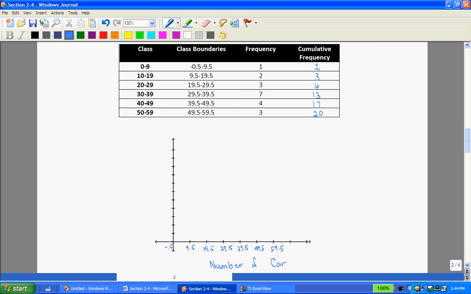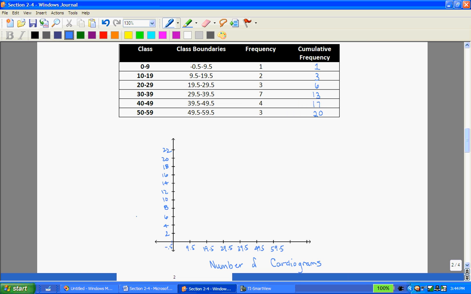Again, we want to label this as the number of cardiograms. Let's see, our frequency goes as high as 20. So I think we can go by 2s again. So 2, 4, 6, 8, 10, 12, 14, 16, 18, 20, 22.